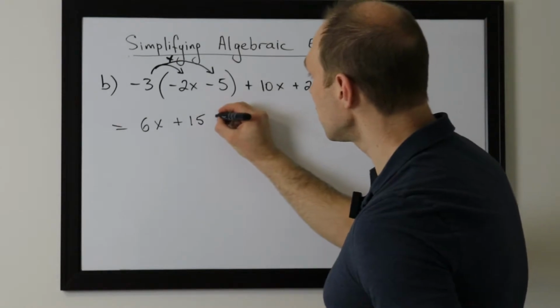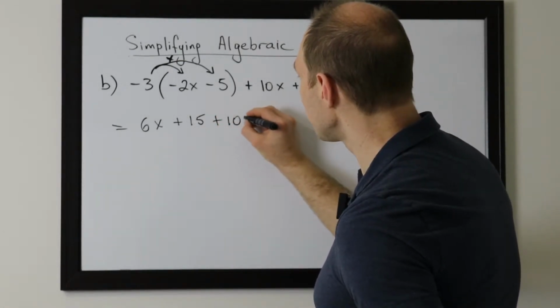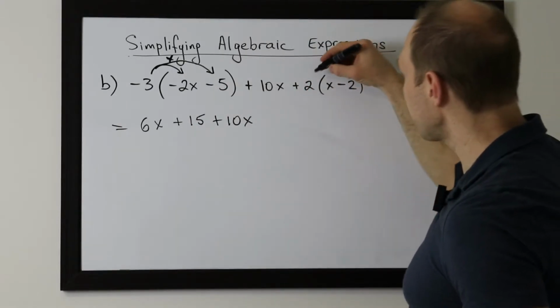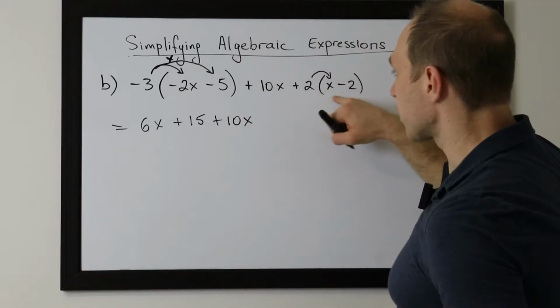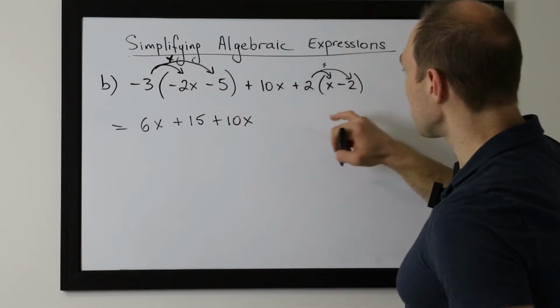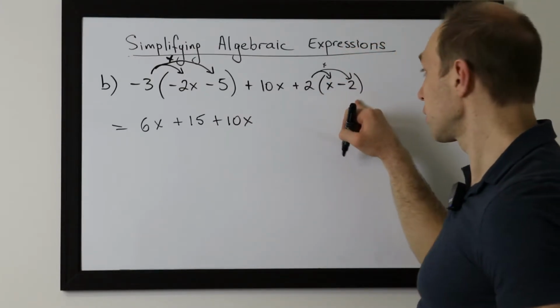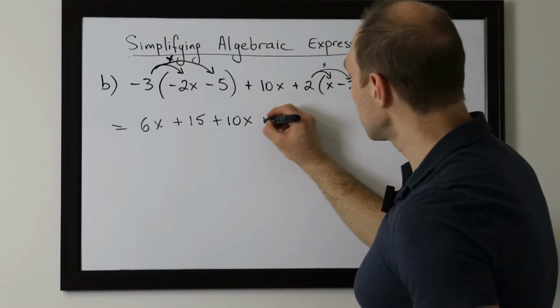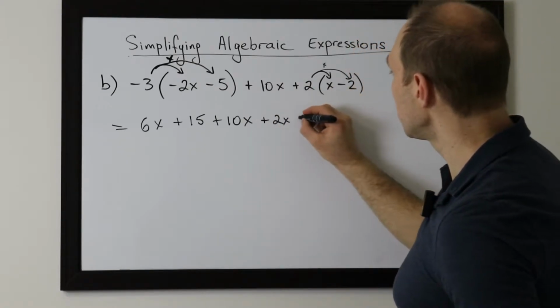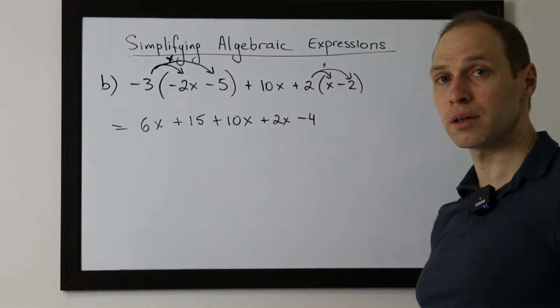Plus 10 stays all by itself. And then once again we have a doubling effect on this bracket, where this 2 multiplies by everything within that bracket. So 2 times x gives us 2 x's, and 2 times negative 2 is negative 4.